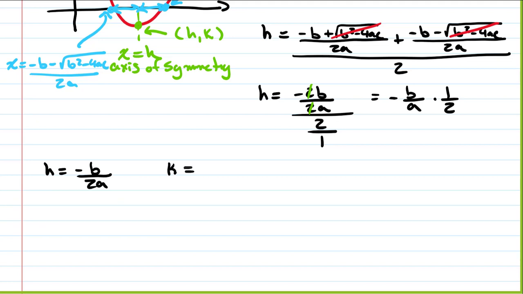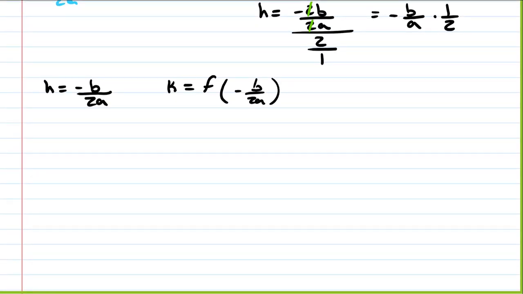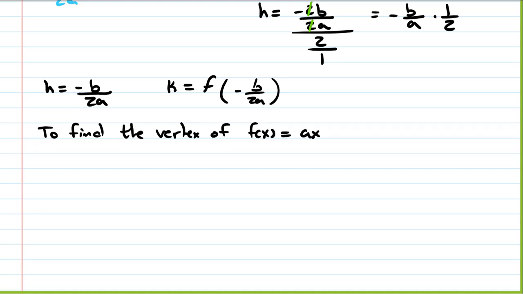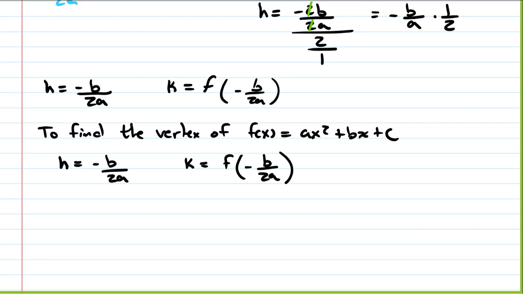k is then the corresponding output, f of negative b over 2a. So to find the vertex of f of x equals ax squared plus bx plus c, we have h is equal to negative b over 2a, and k is equal to f evaluated at negative b over 2a.